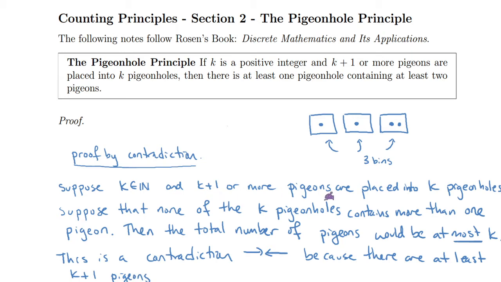It was assumed that there's k plus 1 or more. Okay, so therefore, this assumption that none of the k pigeonholes contains more than 1 pigeon is false, which would mean that we have our conclusion, right? That there is at least 1 pigeonhole containing at least 2 pigeons. Okay. I know when you're saying these phrases, it sounds a little bit unintuitive, but if you think of it using this first example, it makes a little bit more sense.